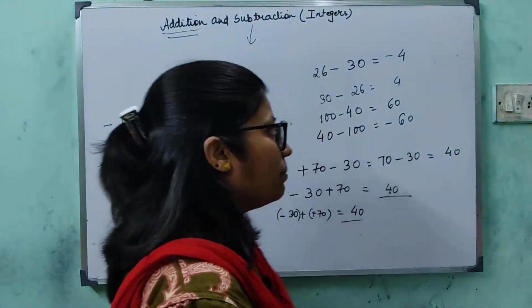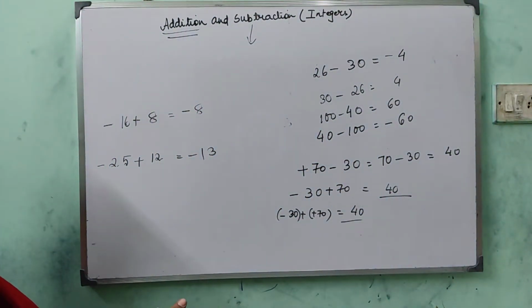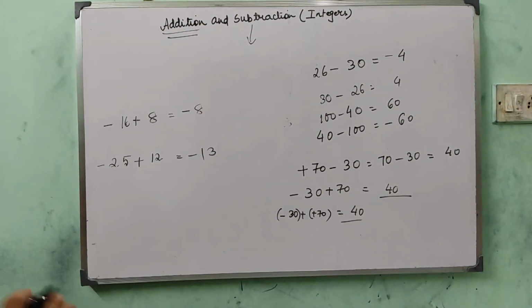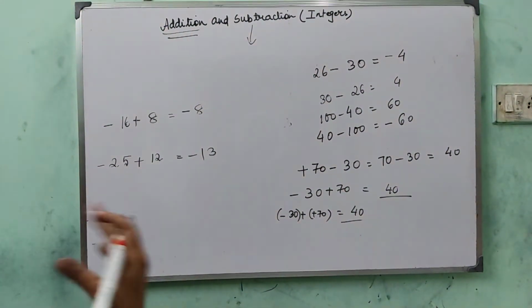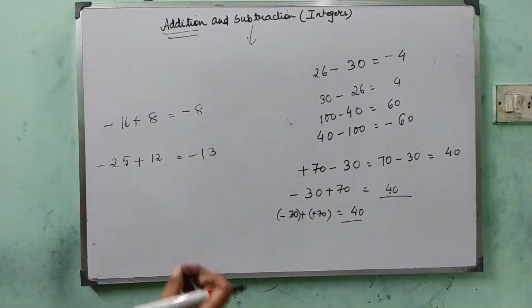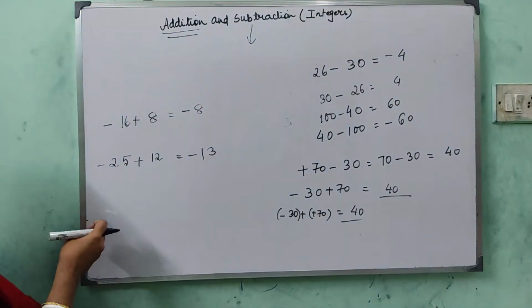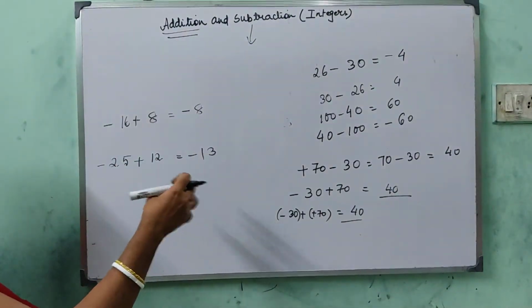That is, if I am given a positive integer and a negative integer, what will I do? I will first find out the difference. When you find the difference, just take out the numbers without the signs and find the difference. Then see the number that was in the first position in the subtraction that you did.